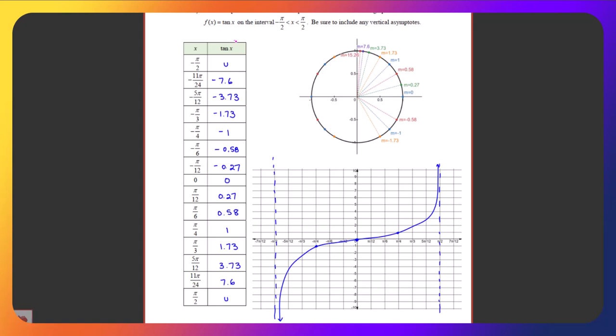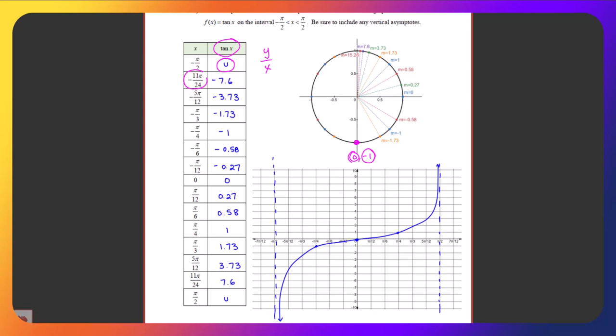So remembering that tangent is slope, or y over x, at negative pi over 2, that point is (0, negative 1). And if I have y over x with 0 in the denominator, that's undefined.